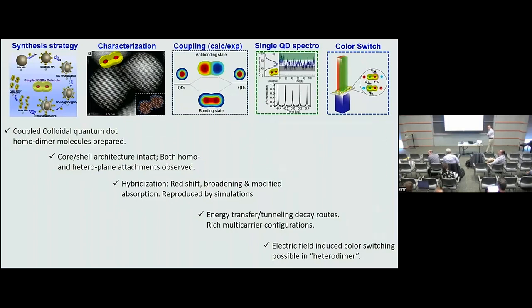Yeah, thank you. Very interesting talk. I also have a kind of naive question, maybe. If I'm comparing, for example, the emission of a single quantum dot in the presence of plasmonic particles, I would expect, depending on the distance and size of the plasmonic particles, enhancement, and so on. My question: to what degree would you expect some other type of effect associated with your dimers?